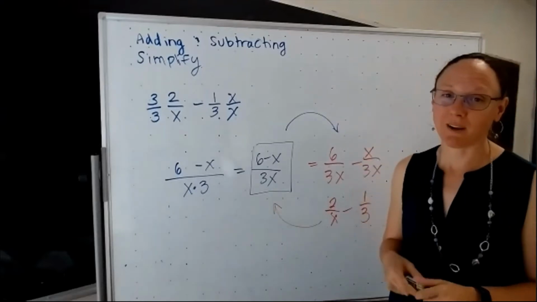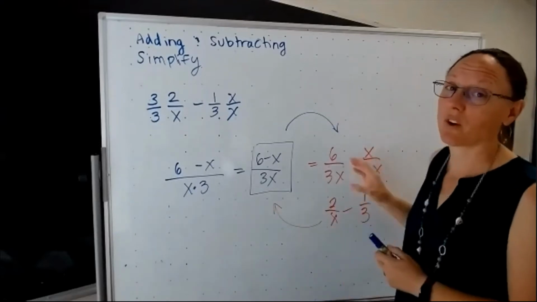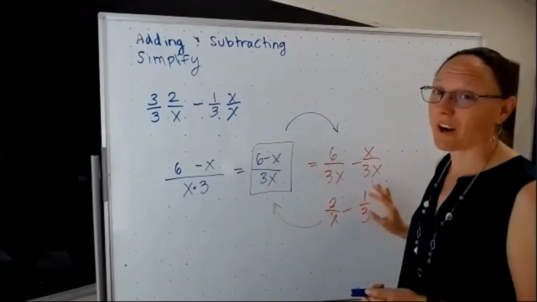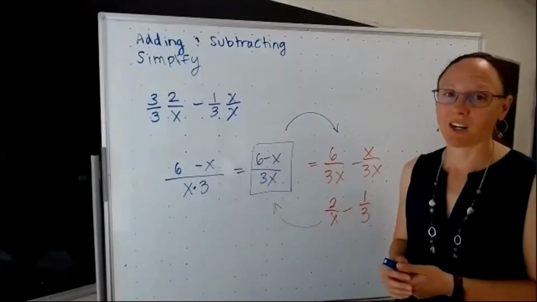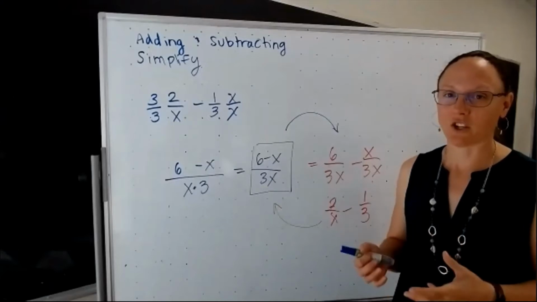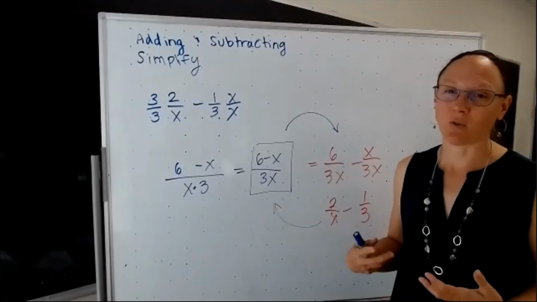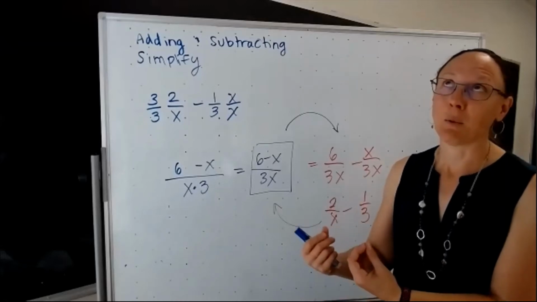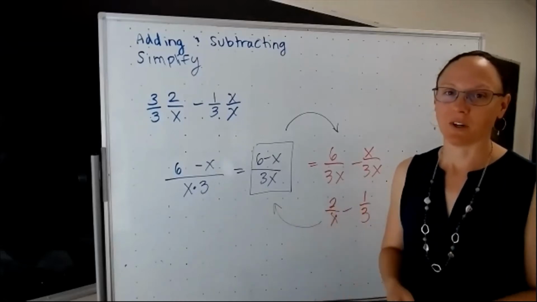There are going to be times in calculus where it's helpful for us to have these combined together. And there are going to be times in calculus where it's more helpful for us to be able to split it apart. So what we're working on right now is just thinking about different ways that we can rewrite an expression to find the one that's best for what we're doing in the moment.